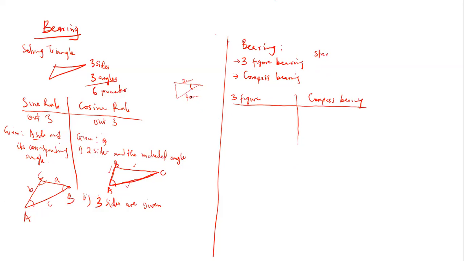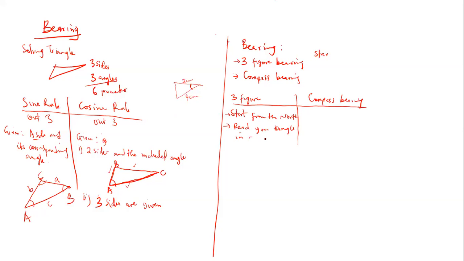So for 3-figure bearing, we are going to start our reading from the north. When you start from the north, you read your bearing, your angle, in a clockwise direction.